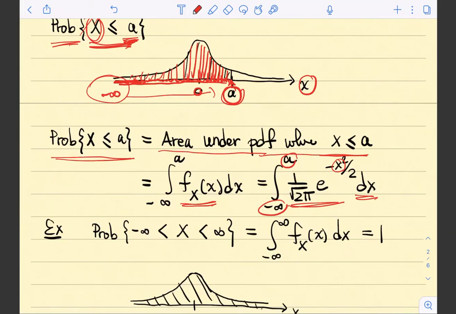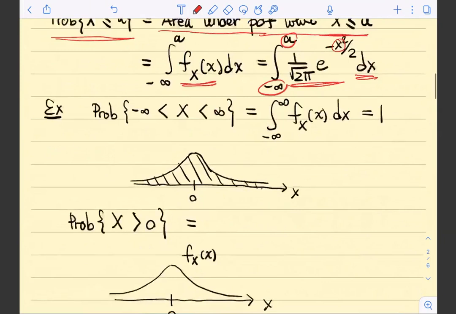Okay. Now let me give you an example. What if I want to find the probability that x is bigger than minus infinity and less than infinity? Basically that means it's the whole axis. This event covers every possible x value.